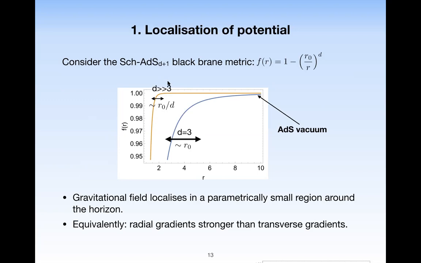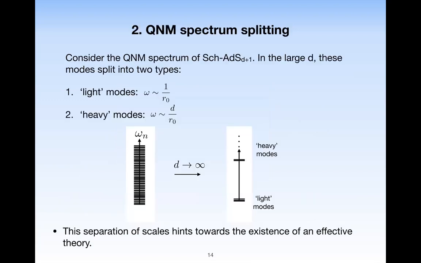Okay, so this was the first argument that has to do with the localization of the potential. The next argument has to do with fluctuations. So the natural set of fluctuations to consider around this ADS black brane is the quasi-normal mode spectrum.